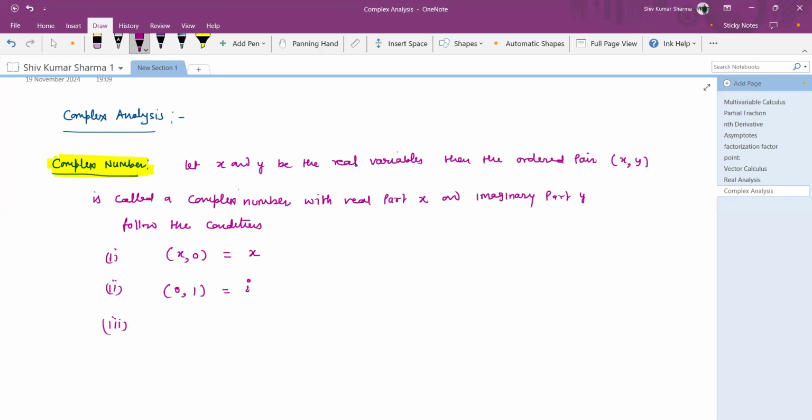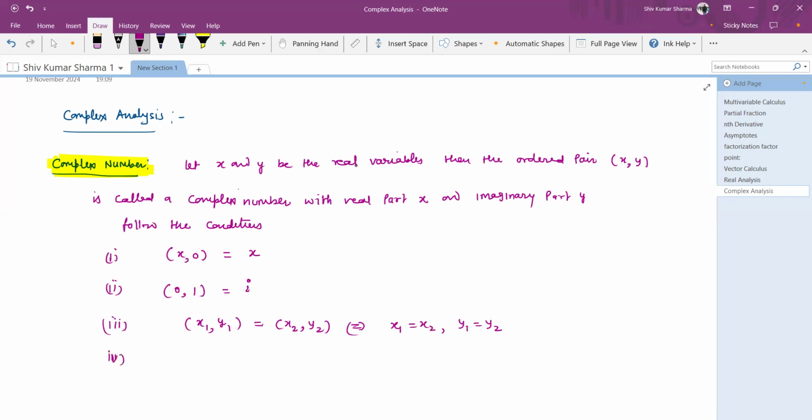Third, when we have two ordered pairs, x1 comma y1 equal to x2 comma y2, the two ordered pairs are said to be equal if x1 is equal to x2 and y1 is equal to y2. You have to remember this condition.